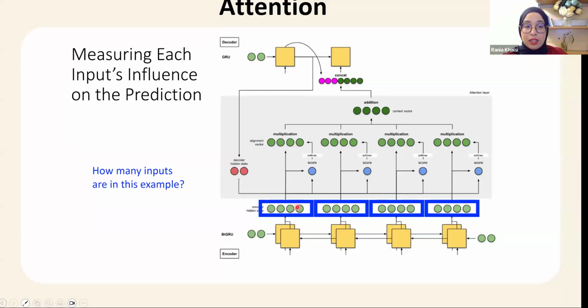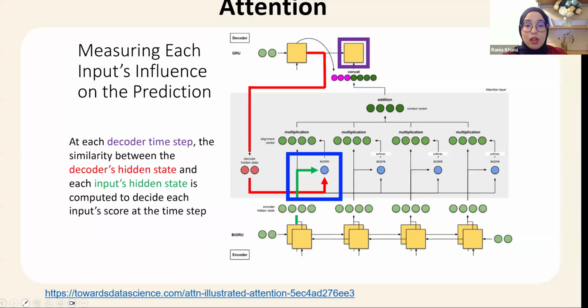So this is the sequence, and it has 1, 2, 3, 4 tokens, which means that we are working with 4 time steps: time step 1, time step 2, time step 3, and time step 4. So now how does this process mainly work? This we are mainly understanding.